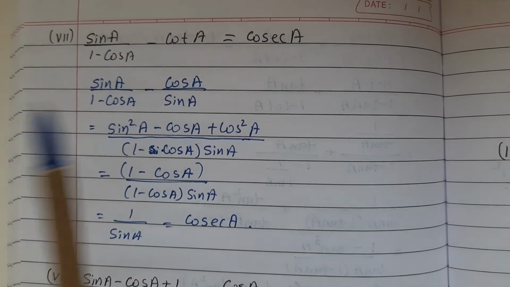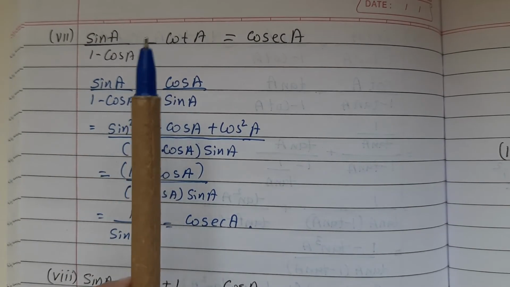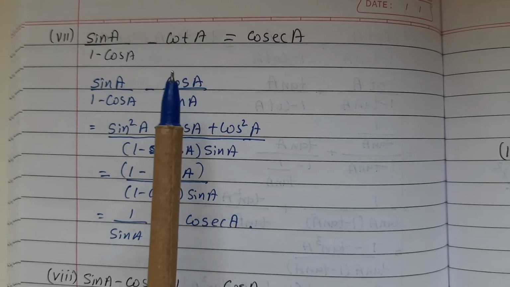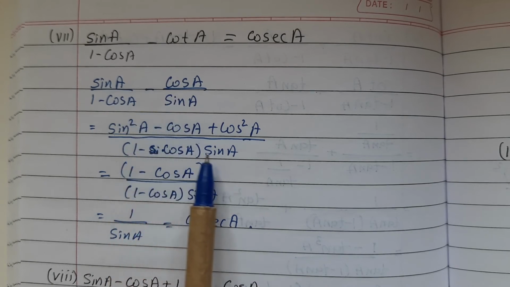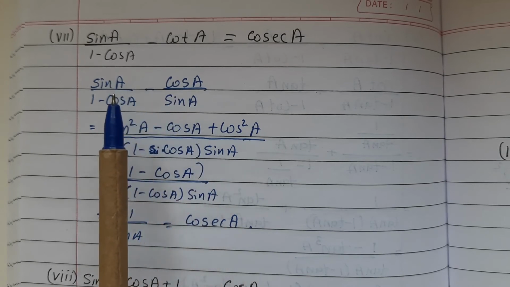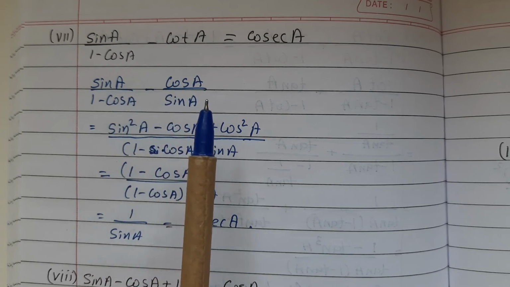Part 7, sin a upon 1 minus cos a minus cot a, which will be cos a upon sin a. LCM of the denominator will be sin a into 1 minus cos a. This term multiply by sin a on both the sides. This term multiply and divide by 1 minus cos a.